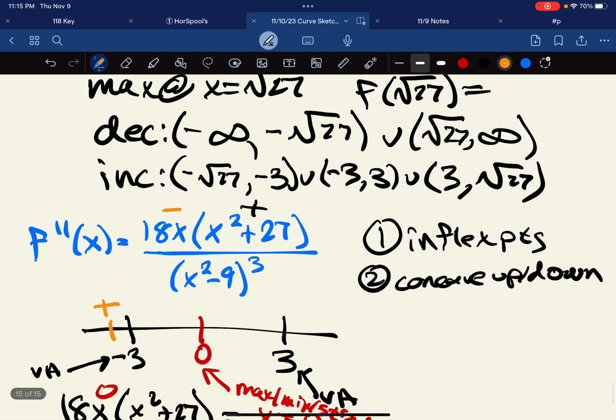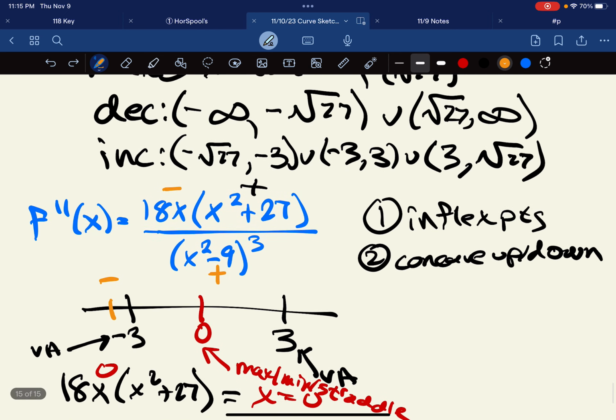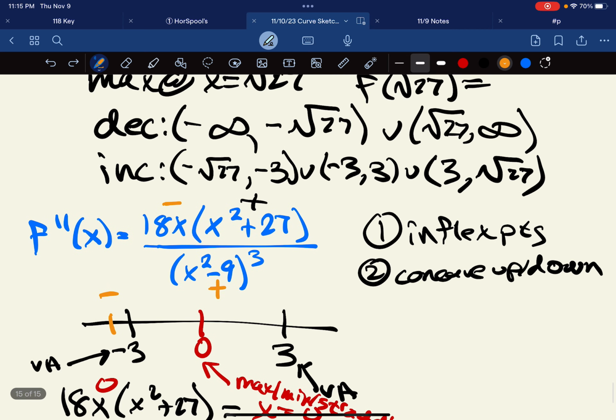So that's going to be negative, because this is going to be a positive. Positive times a negative times a positive. So that's going to be negative. Something between -3 and 1, so say like -1.